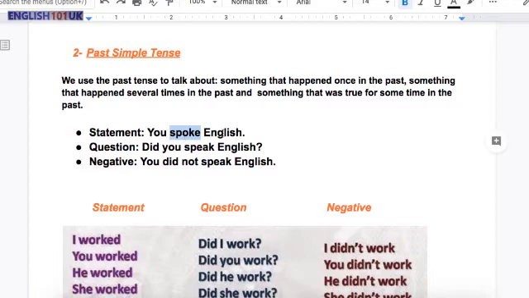In question form, we use the helping verb did instead of do. So we say, did you speak English yesterday? Did you speak English? We mean in the past. In the negative form, we say, you did not speak English. Again, we use did as a helping verb and not to form a negative. Okay, how about the other pronouns? It's the same.